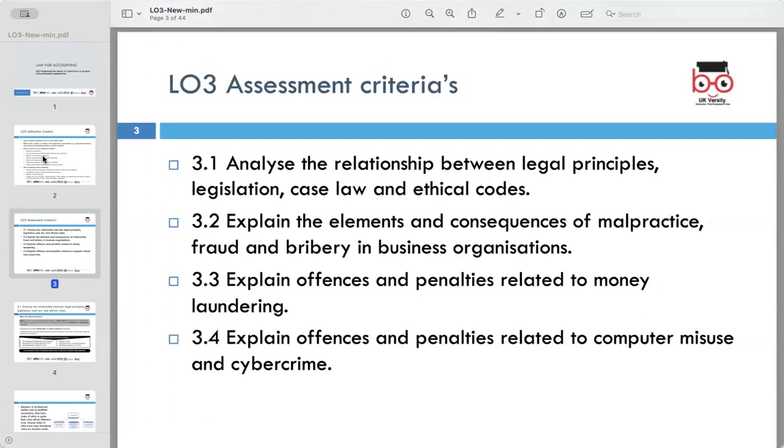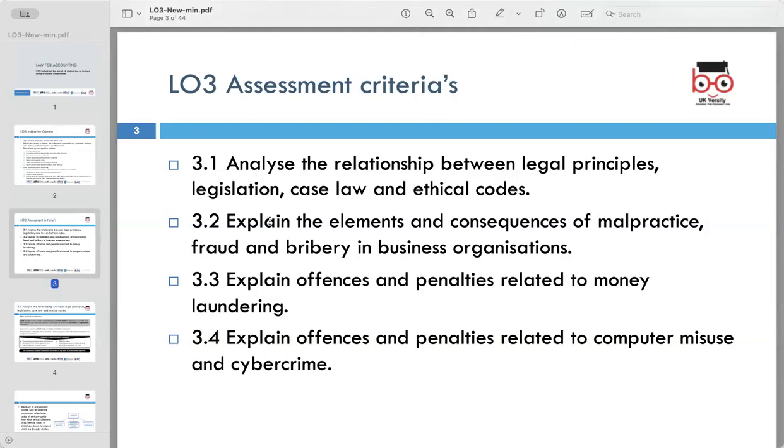Assessment criteria: basically, analyze the relationship between legal principles, legislation, case law, and ethical codes. Basically, this is related to your assignment. Learning outcome 3: you can analyze the relationship between legal principles, legislation, case laws, and ethical codes.